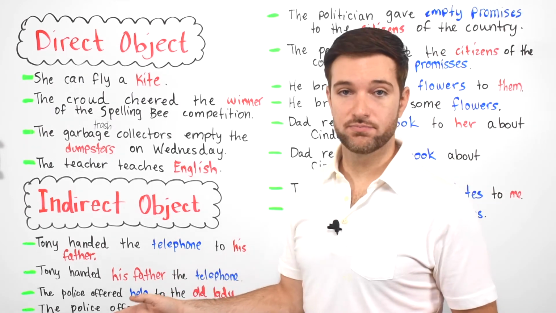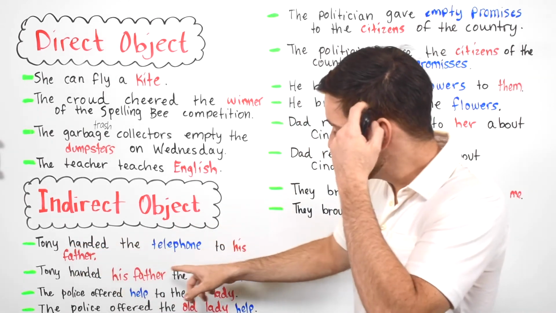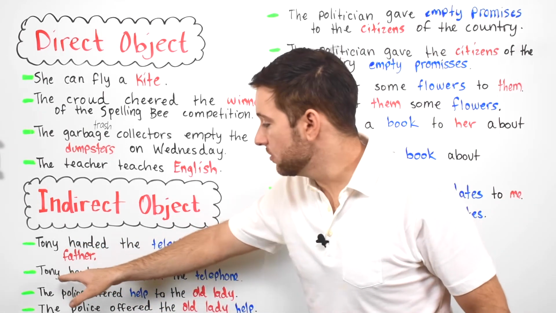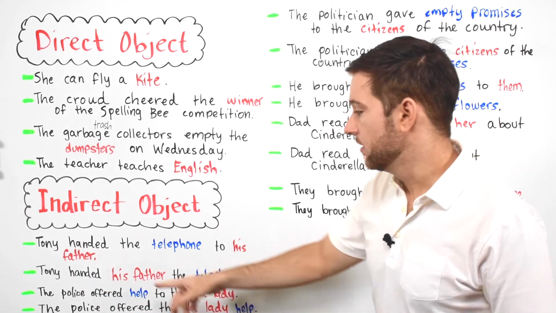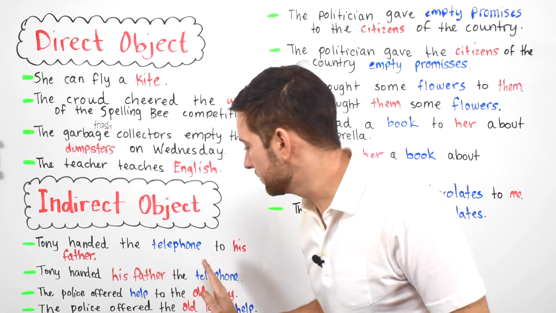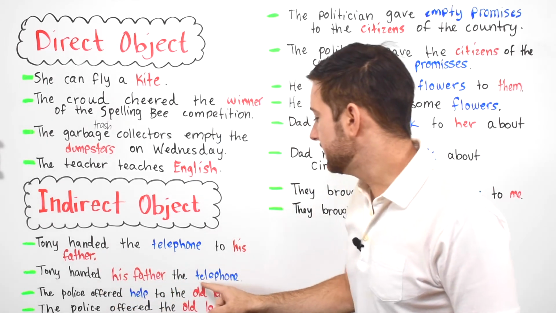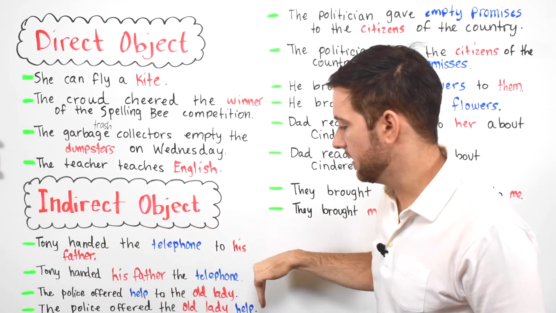Let's look at the same phrase but written in a different way. So we have Tony handed the telephone to his father and Tony handed his father the telephone. Do you see the difference? Tony handed his father, which comes in the middle now, the telephone. The direct object is the telephone and the direct object comes at the end.